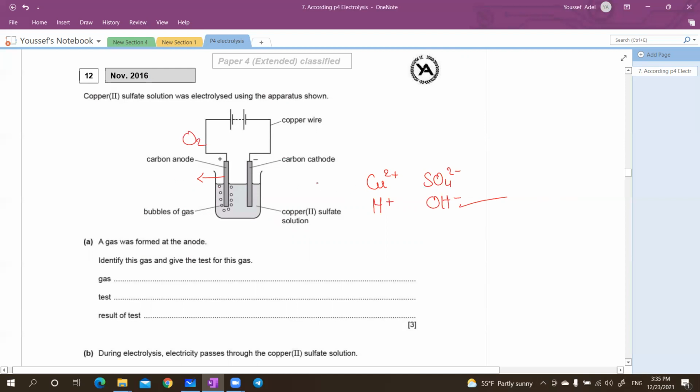The copper and the hydrogen will be attracted to the cathode. The one that will be discharged is the one which is less reactive, which is the copper, forming copper deposits on the cathode. So what is the gas? Oxygen. The test of the oxygen gas is a glowing splint. The result is that it will relight again.